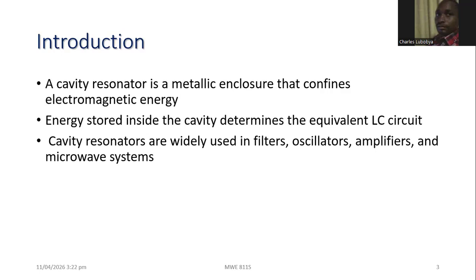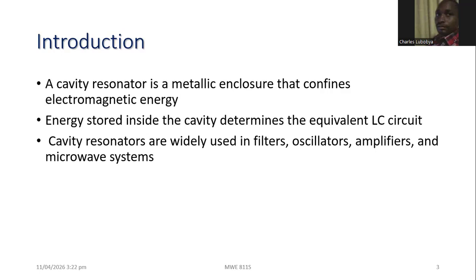So essentially what usually happens is that your energy is stored inside the cavity, and this energy determines the equivalent transmission line of an inductor and capacitor circuit. Because you're operating at very, very high frequency, the effect of resistance and conductance is not considered in waveguides.